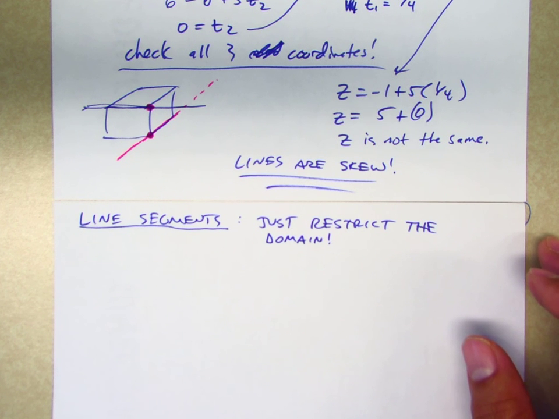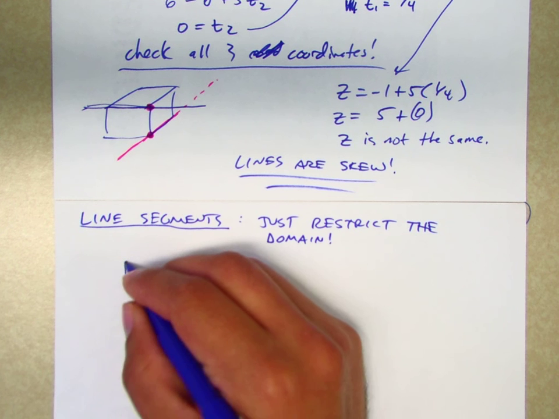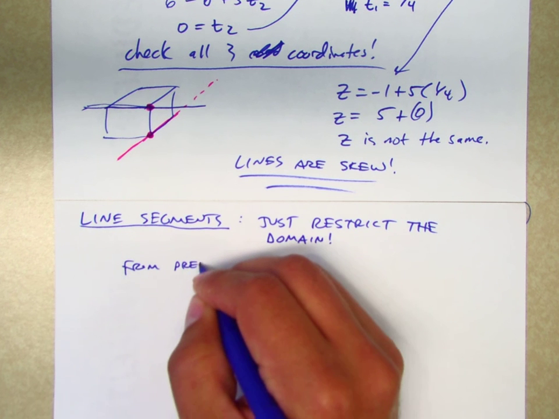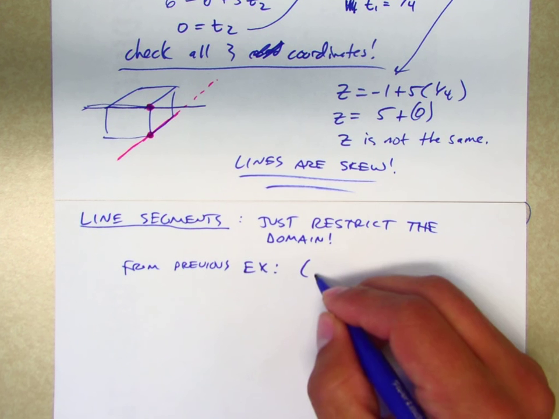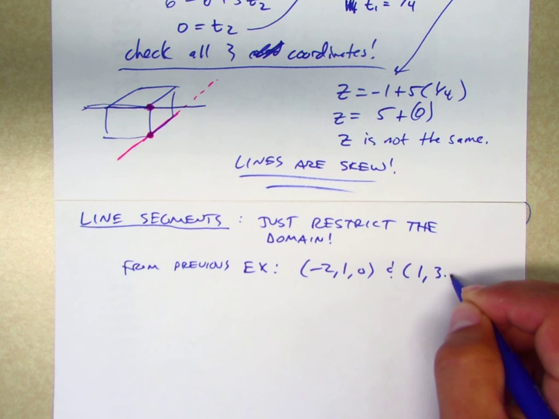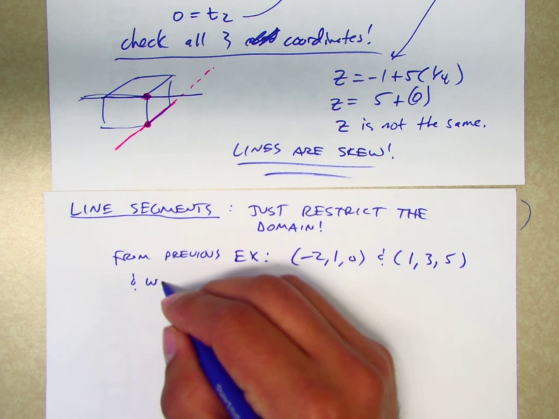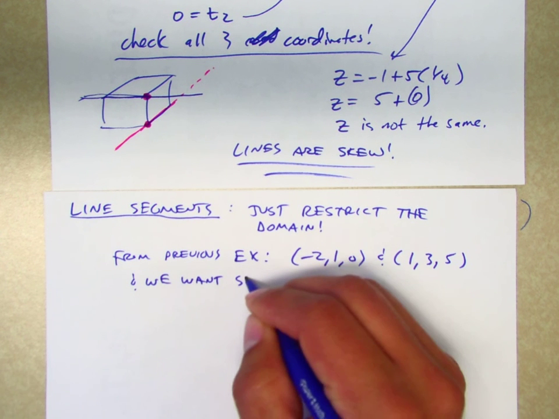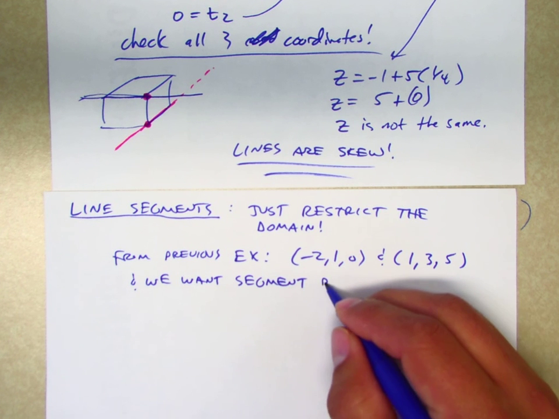So for example, if we use the same coordinates from the second example, if we have the points (-2, 1, 0) and (1, 3, 5), and we just want the segment, not the whole line, between these two points.